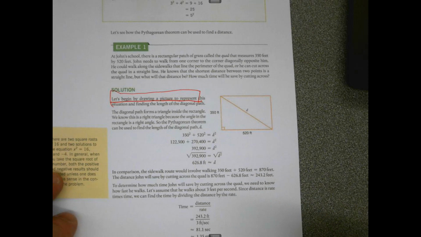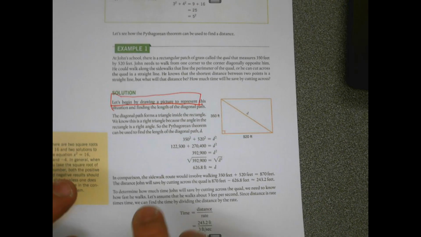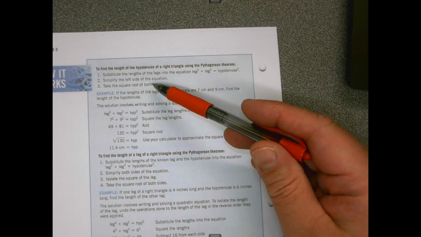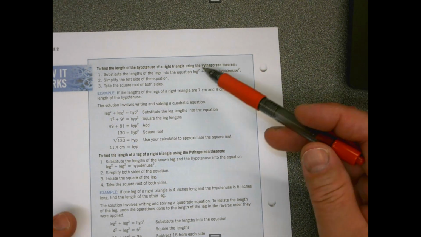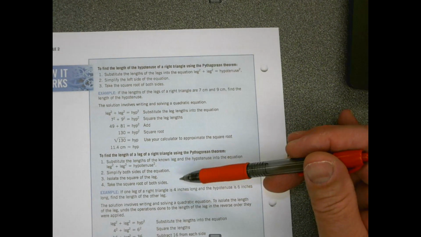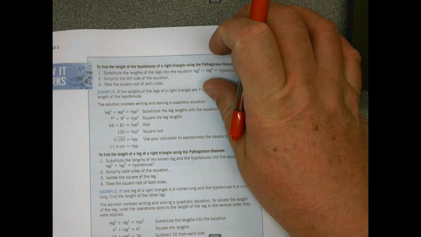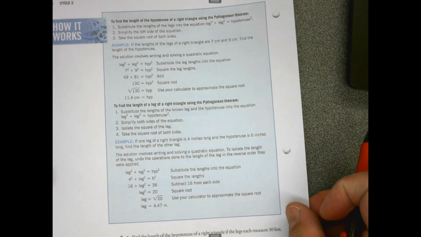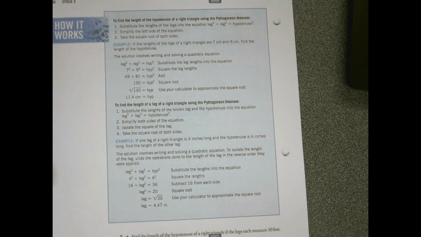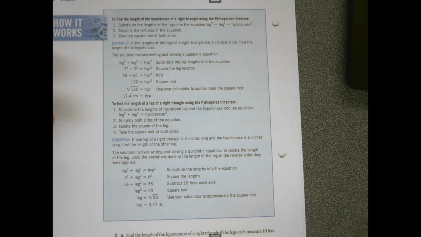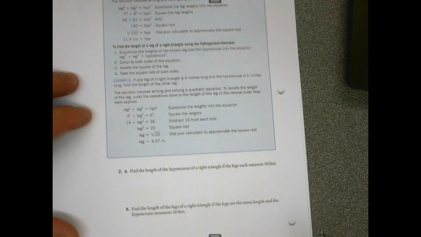They give us a process for how to apply the Pythagorean theorem. This might be handy if you keep forgetting, but I think we probably know it by heart by now.